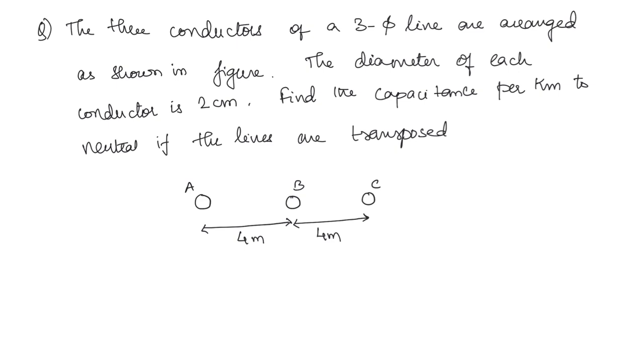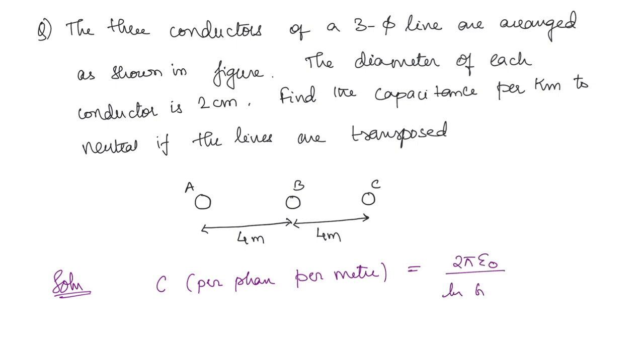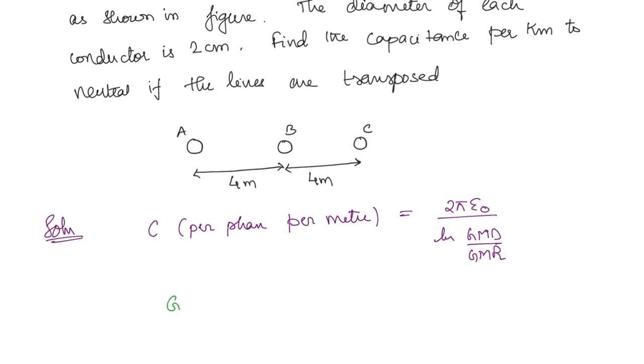So here what is the expression? Using the GMD GMR concept, the C per phase per meter is going to be 2 pi epsilon by ln GMD by GMR. What is GMD here?